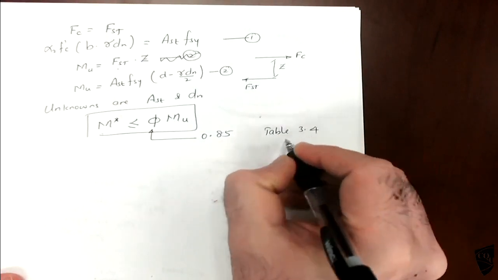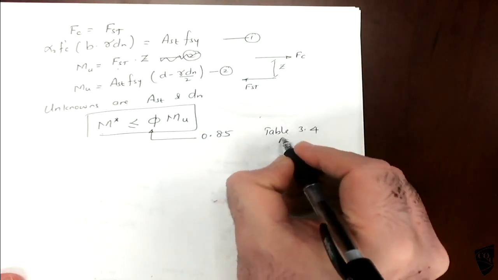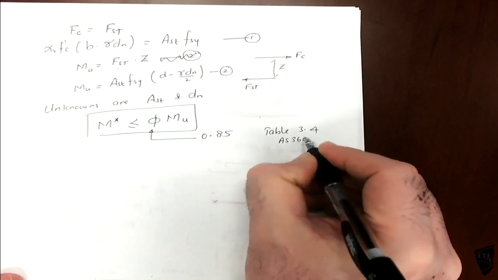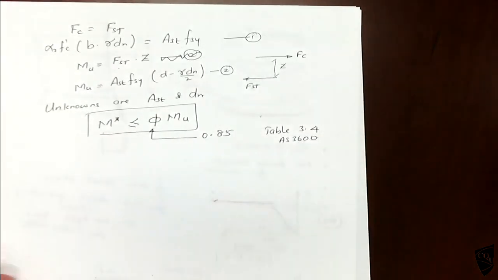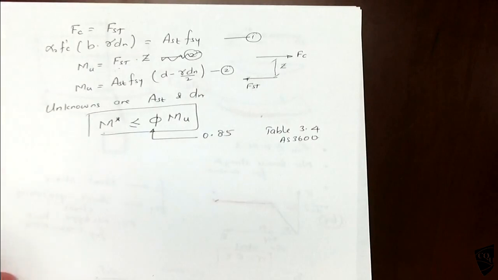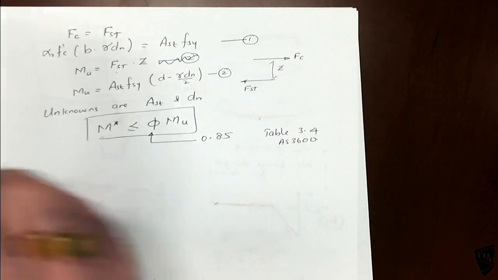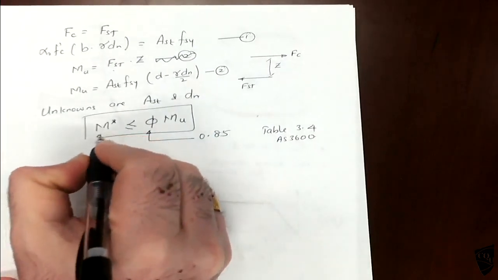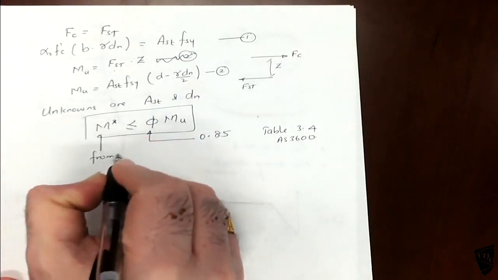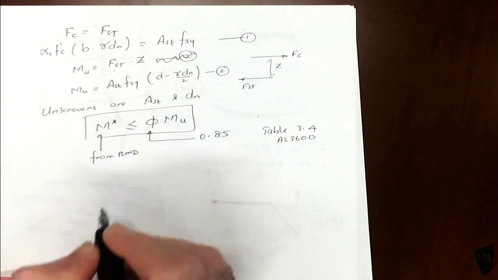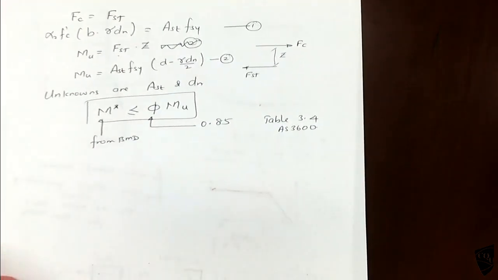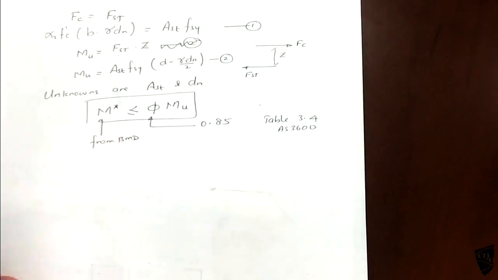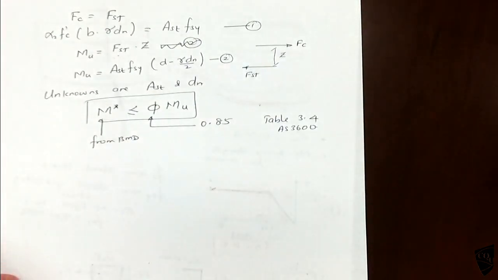If anyone has the AS 3600, look at that one. Table 3.4 gives the phi value, the strength reduction factor or capacity reduction factor. From the bending moment diagram, you should be able to get the Mu value. What Mu do you need? How much capacity do you need? So you can substitute.